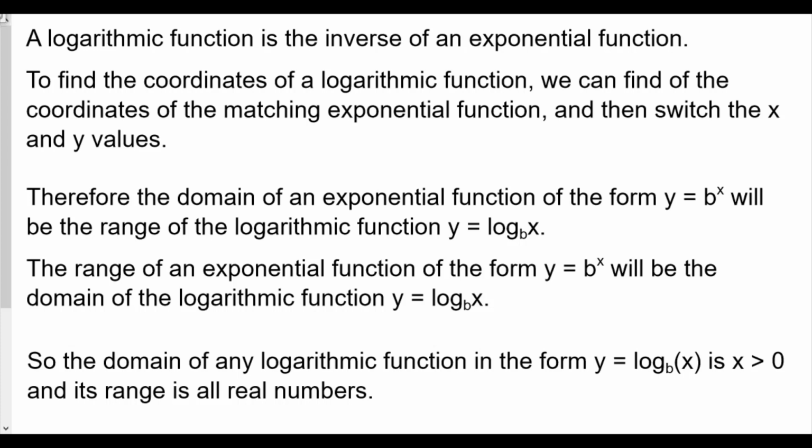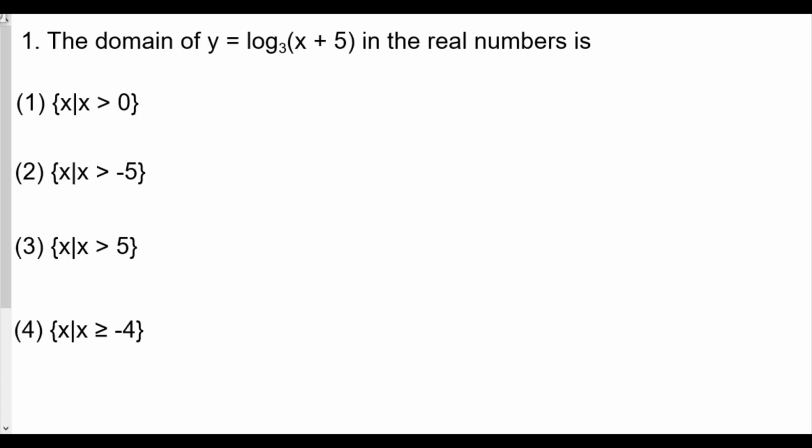So the idea now is that the inside part of the log base b of x, the inside part you're plugging into, has to be numbers greater than 0. So how do we use that for our question number 1? Well, we have log base 3 of x plus 5.